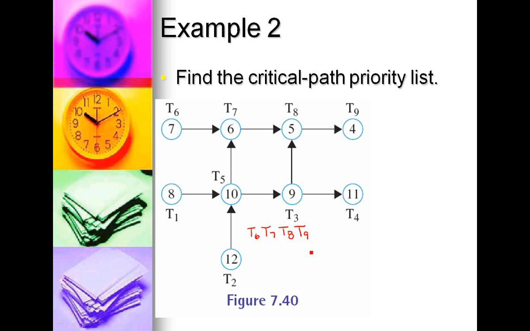So that's 7 plus 6 plus 5 plus 4 is 22. Then we have T1, T5, T7, T8, and T9. So that's 8 plus 10 plus 6 plus 5 plus 4, which is 33.